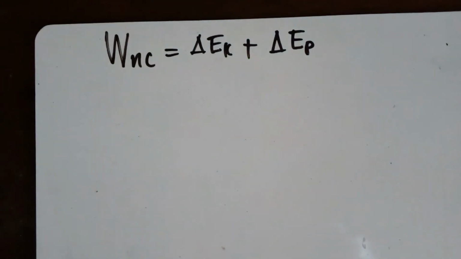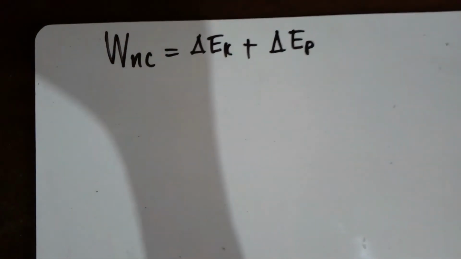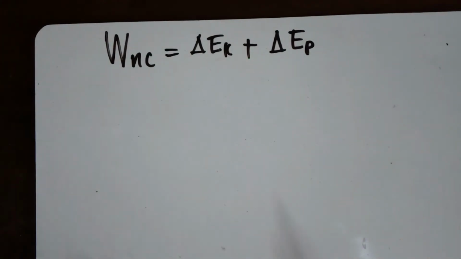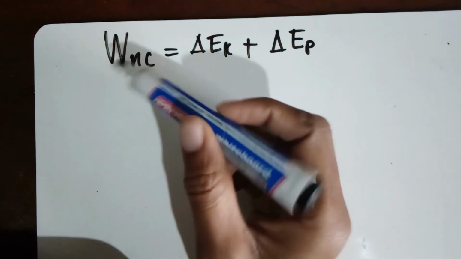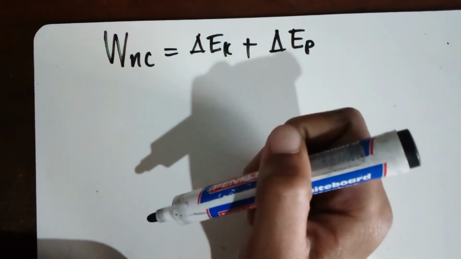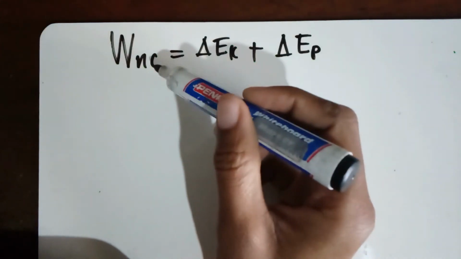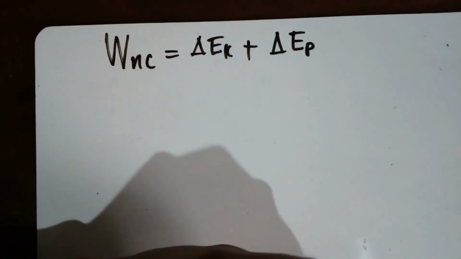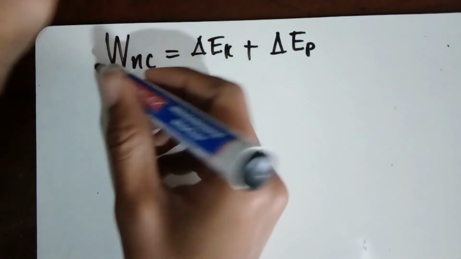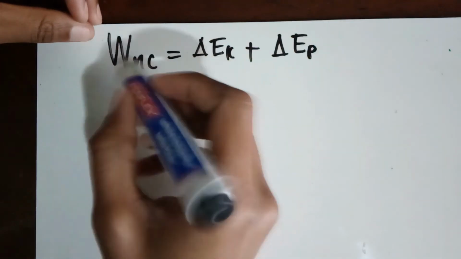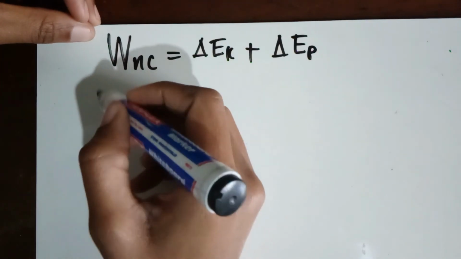Think about it. The important thing to know is what non-conservative forces are. We've already mentioned what they are in the last lesson, and we said they are forces that are dependent on the motion of your object. So in this case, our non-conservative forces would be tension as well as friction.